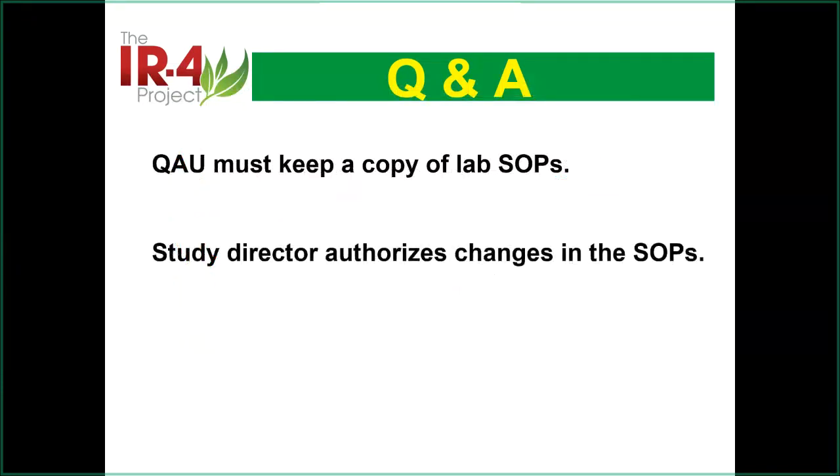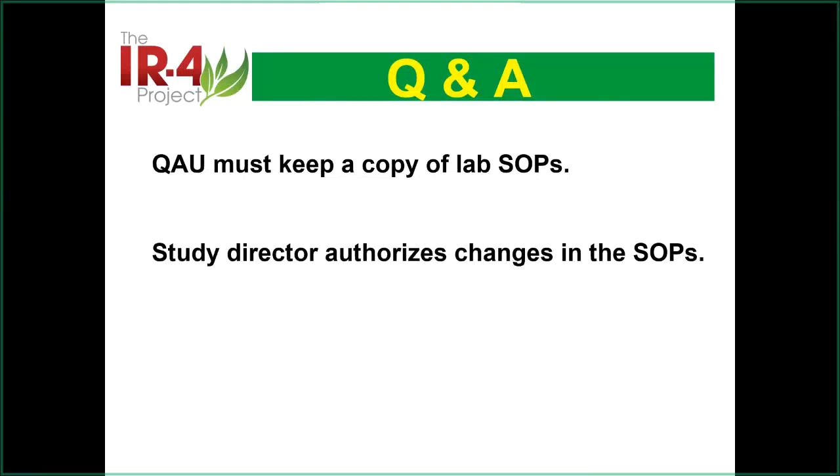Okay, the next question. QA must keep a copy of the lab SOP. We know that when we do our work, we have our SOP, and QA does the inspection. A lot of times we send a copy to QA. In older days, we needed QA to sign approval, and that's a wrong practice.